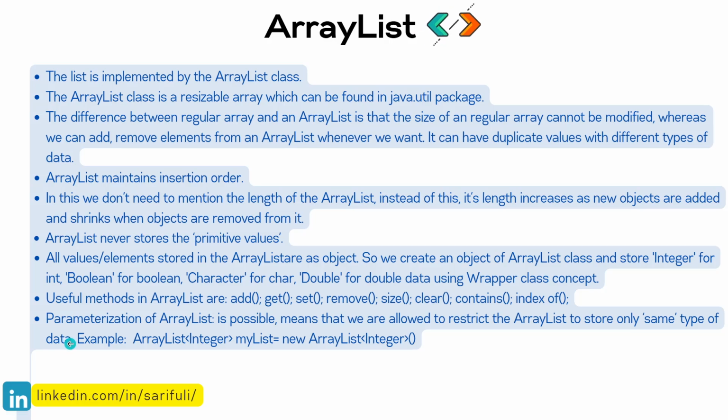That's another flexibility of the ArrayList. For example, if you declare your ArrayList and put Integer in the angle brackets, and also on both sides, it means this ArrayList will only store integer type data. Here you're declaring your Integer wrapper class object. It means the stored data would be integer type.